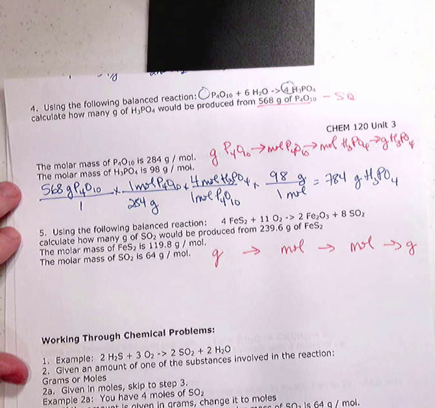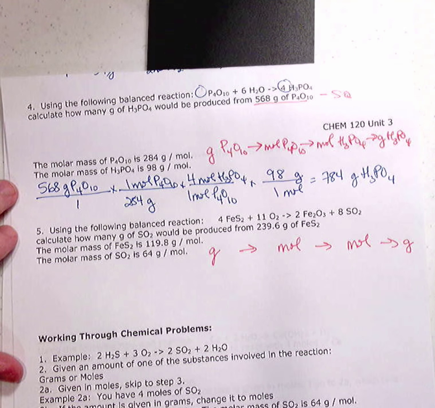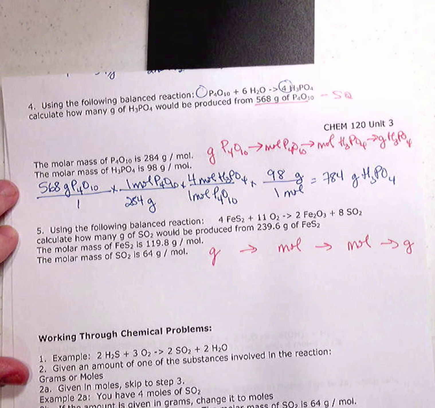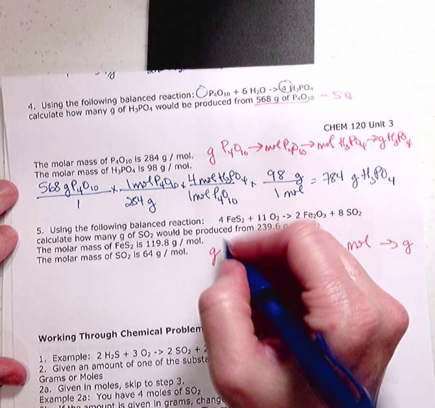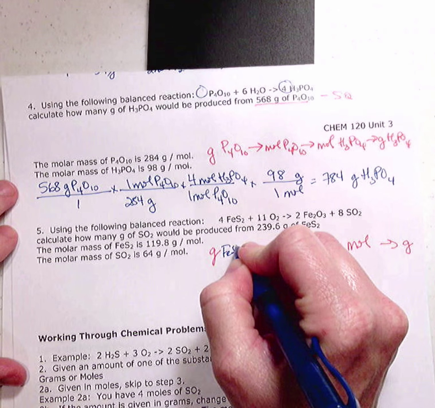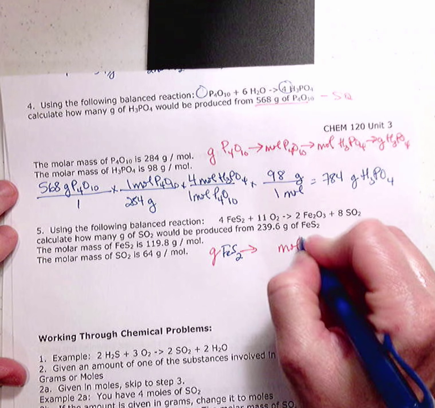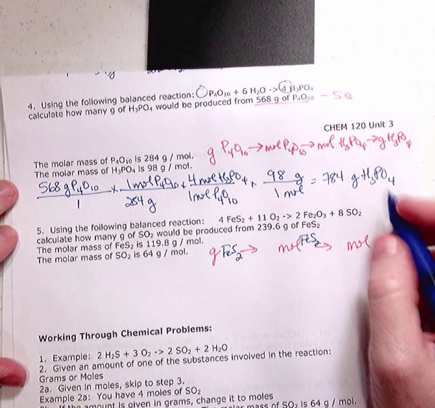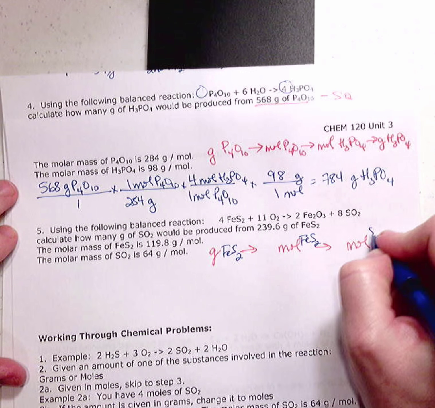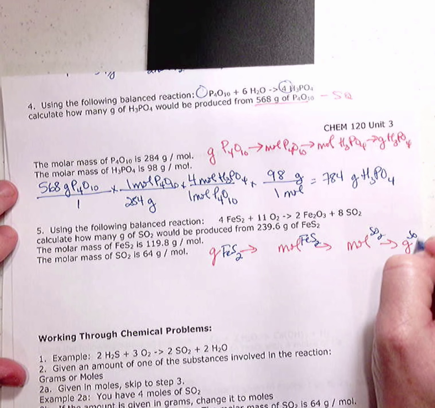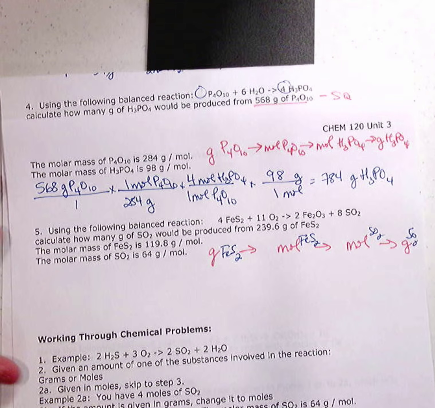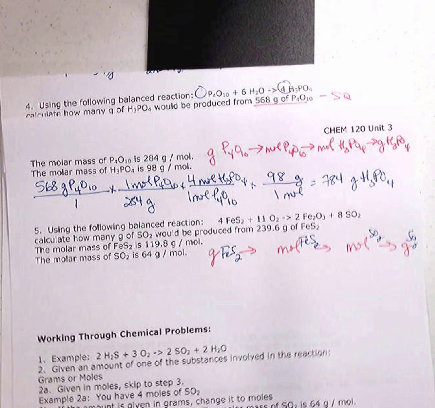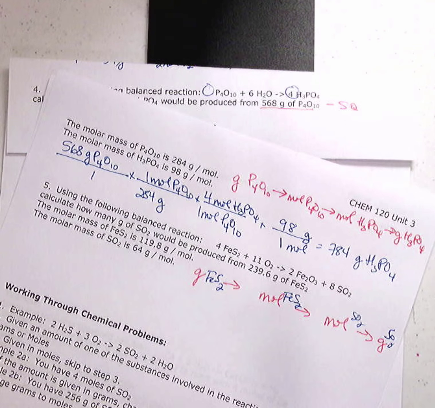At first glance, it might not look like you're doing any conversions, but you're going from grams of FeS2, moles of FeS2, to moles of SO2 to grams of SO2. So it's different because you're actually converting to different chemicals.